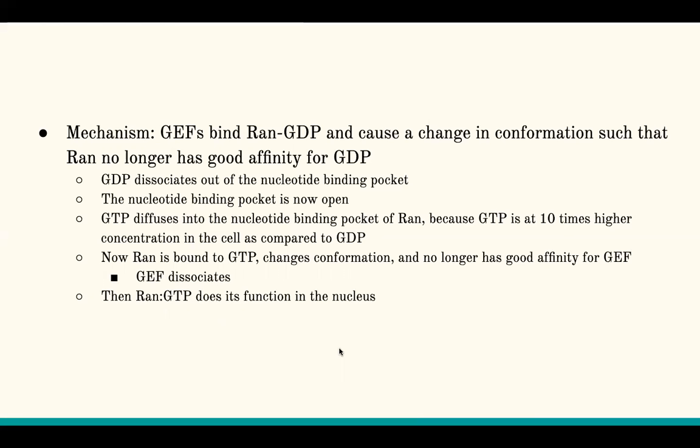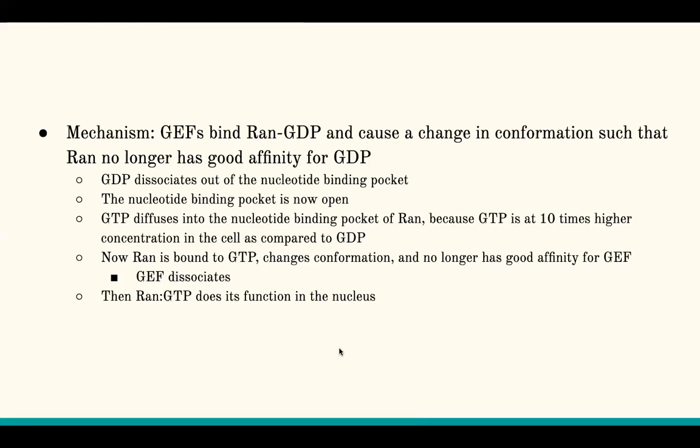Then when it's inside the nucleus, because there are more GTP molecules that are abundant in there, the GTP, once it sees the empty binding pocket in RAN, it will just kind of diffuse in there. So the GEF and the GAP sort of help to assist RAN in changing its conformation, and that in turn will tweak the affinity that it has for GDP or GTP.